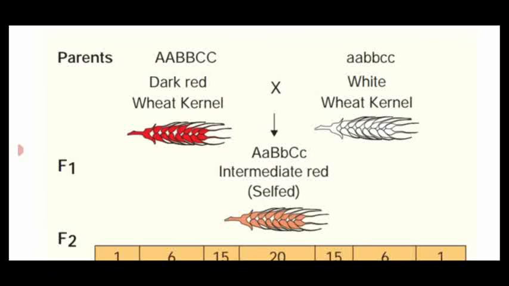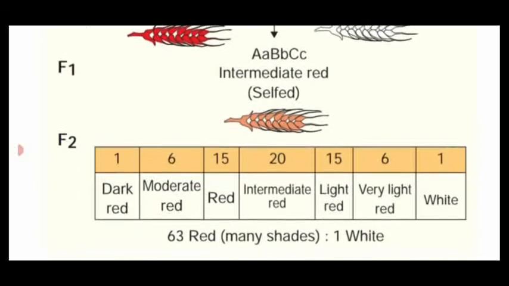So capital AA, capital BB and capital CC are the 3 different dominant genes for red wheat kernel, crossed with the other 3 different genes of recessive alleles, small aa, small bb, small cc. All the genes are expressed independently in the F1 generation, which shows the intermediate red color.